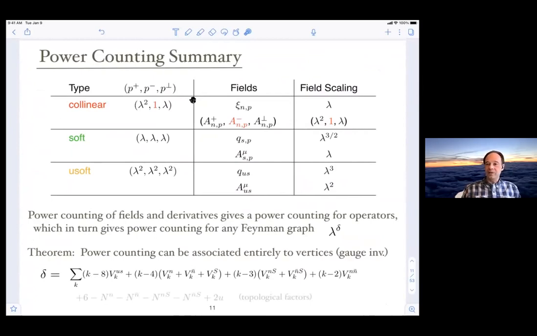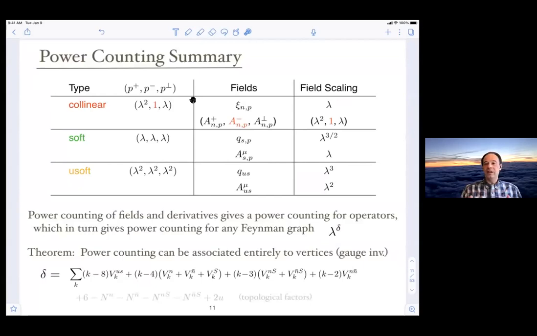From that, you can build Feynman diagrams and figure out the power counting for the Feynman diagram. Just like other EFTs, like chiral perturbation theory or various EFTs that don't have simple dimension counting, you can derive a power counting theorem that tells you the scaling of any Feynman diagram in the field theory, just based on the powers in the Lagrangian.